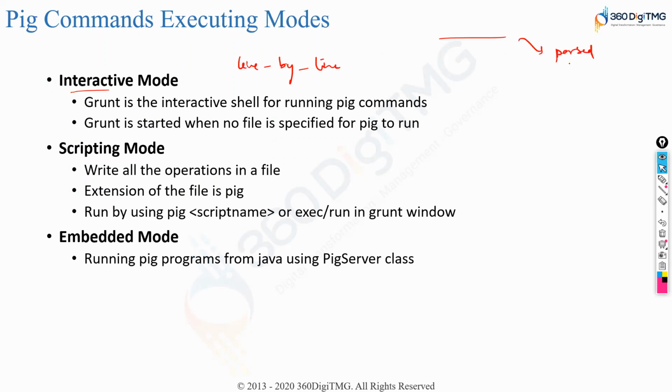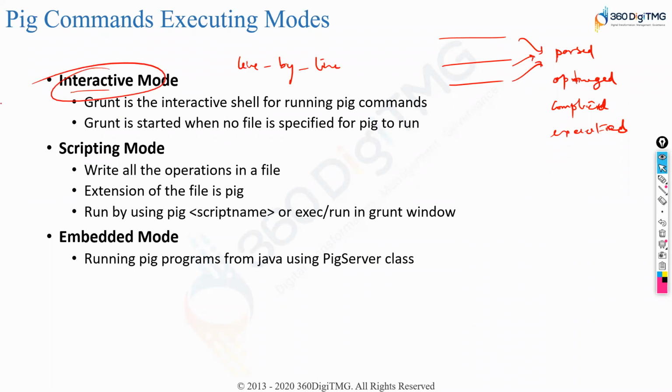There's nothing much to be optimized. And then compiled. Your compiler is going to change that code to MapReduce and then finally execute. Single line. Then once that line is done, we take another line. So line by line execution can happen.